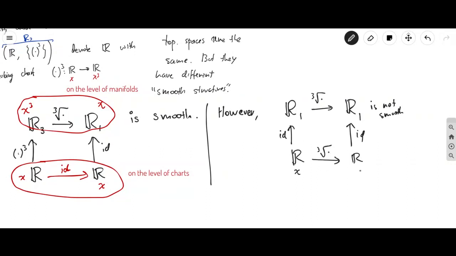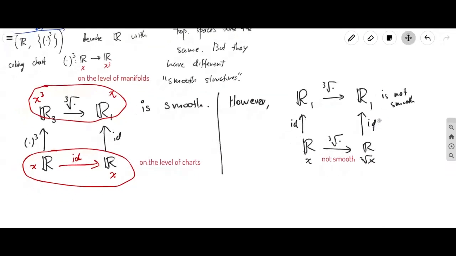So X is being sent to the cube root of X. But we know that the cube root function, in the ordinary calculus sense, is not differentiable at the origin because you have that vertical tangent, infinite slope, undefined slope. So you can see this one is not smooth.